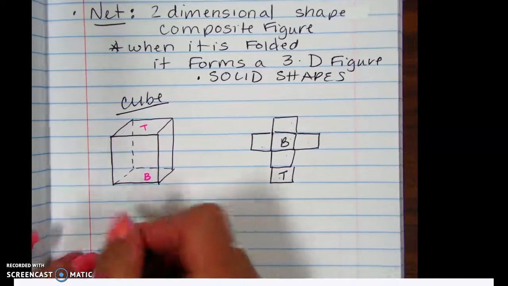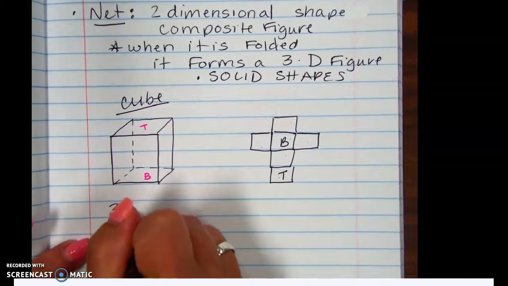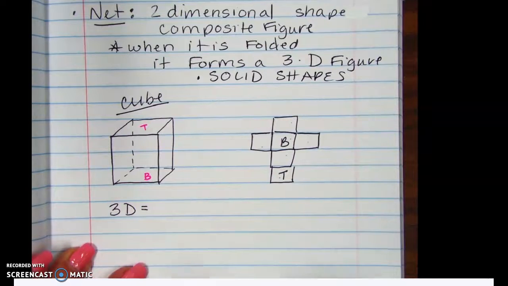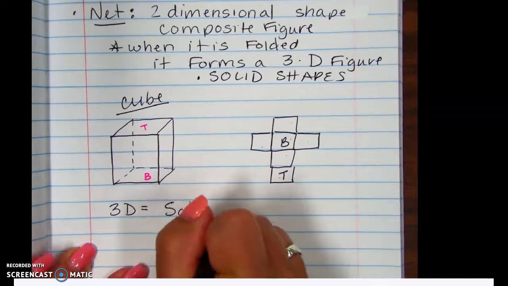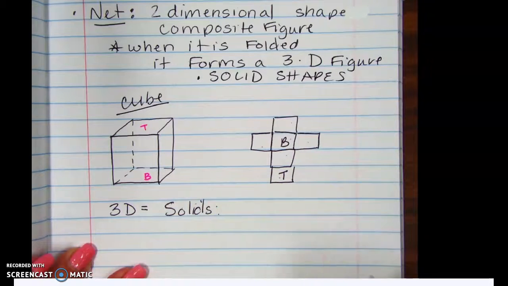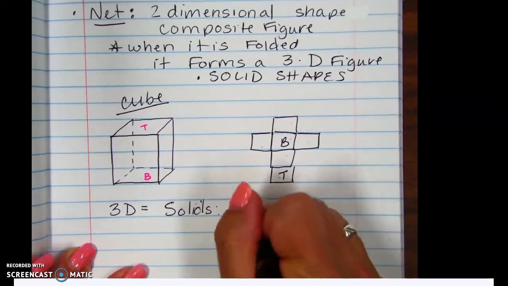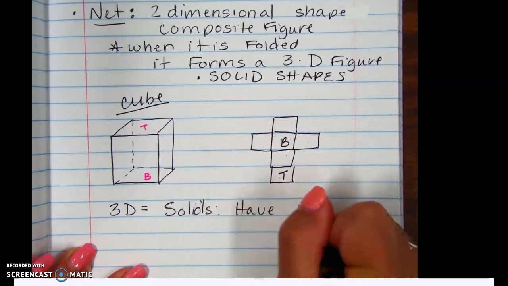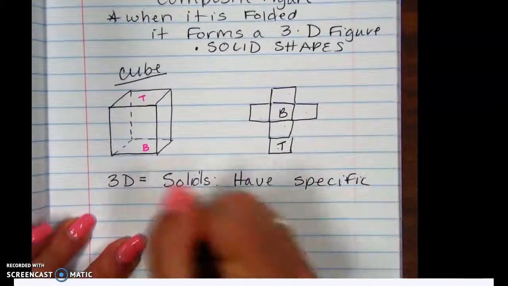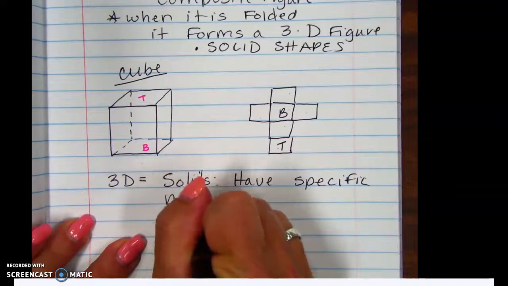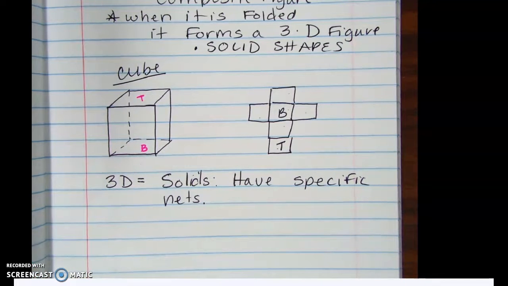Now, one thing also, 3D shapes, which we call solids, have specific nets. Now, how do you practice these?